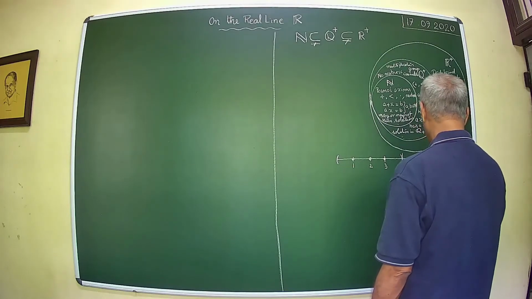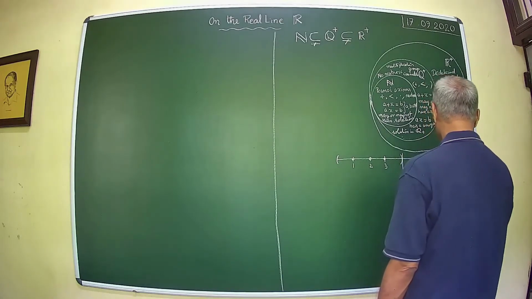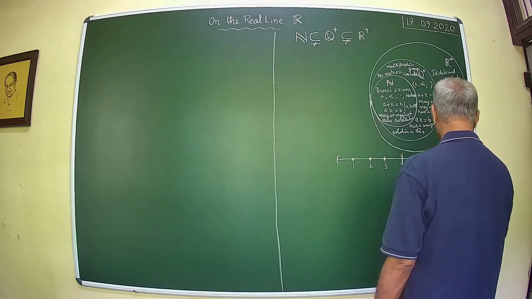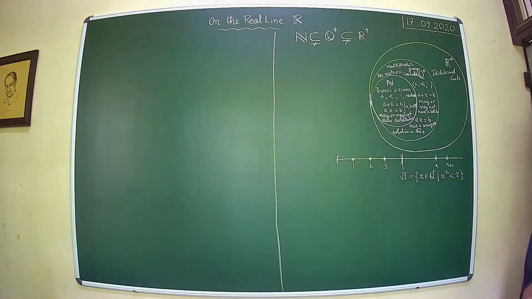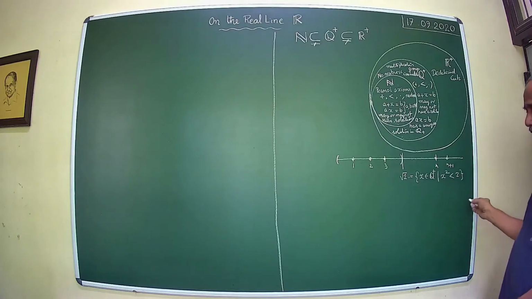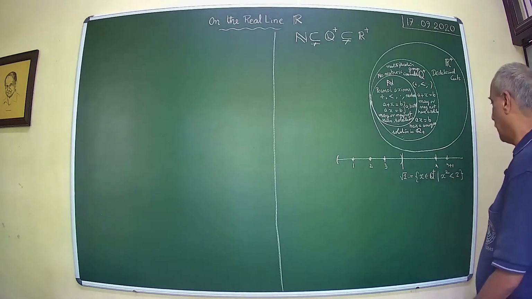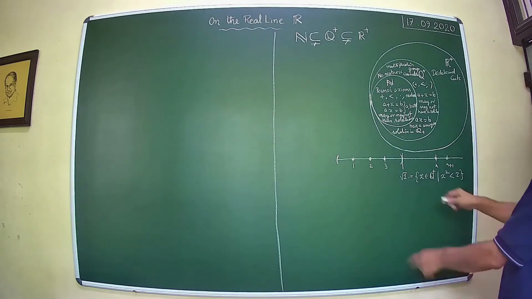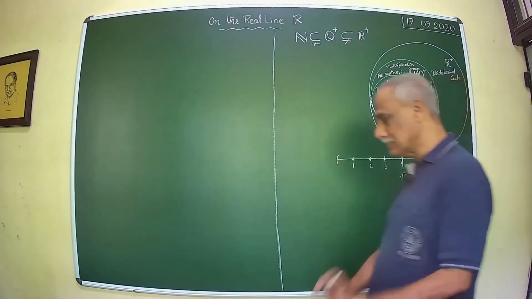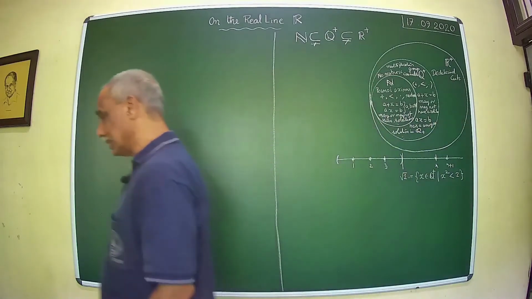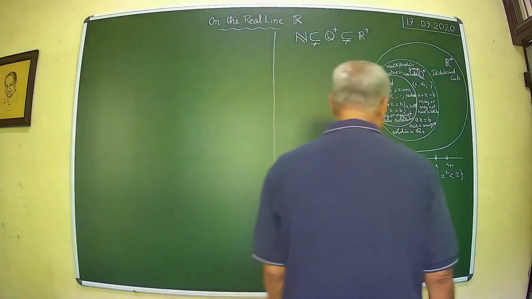The set of all x belonging to Q plus, with x squared less than 2, has all the properties of a cut. But this has no least upper bound, nor the complement of this has no greatest lower bound. That's the important thing.